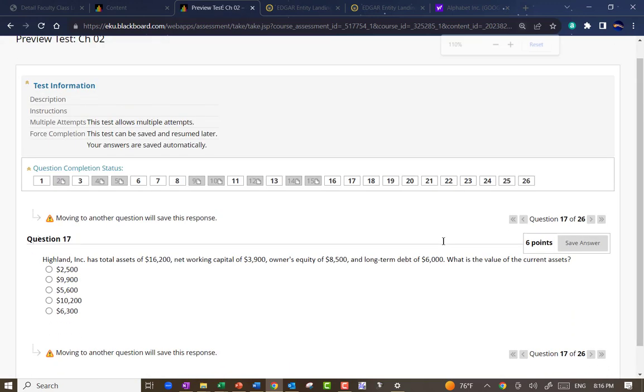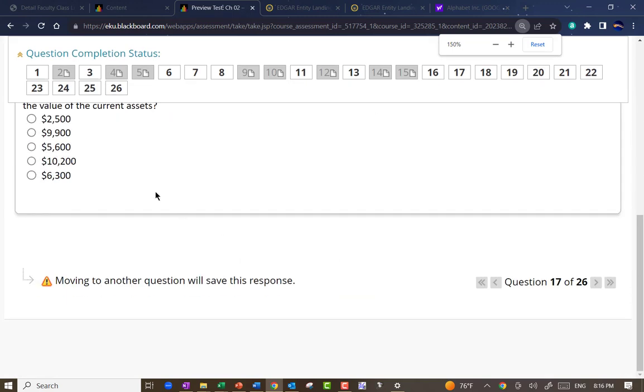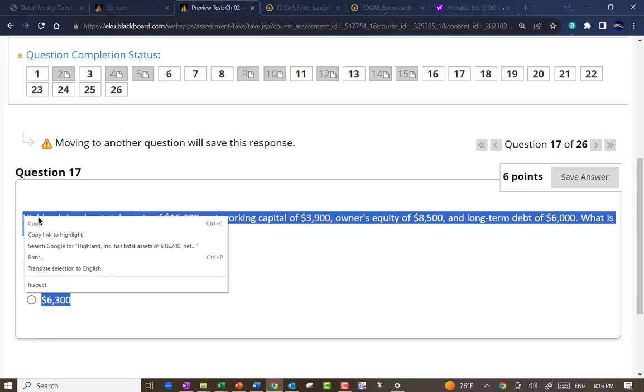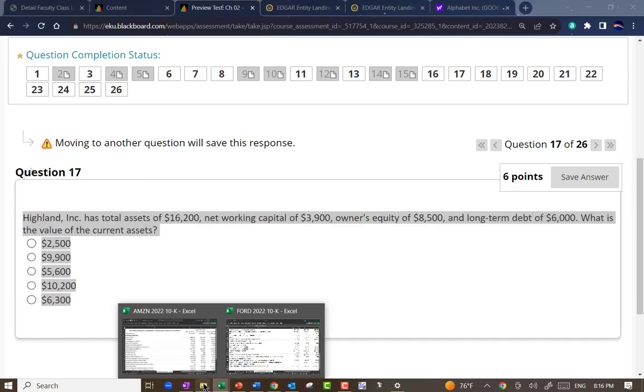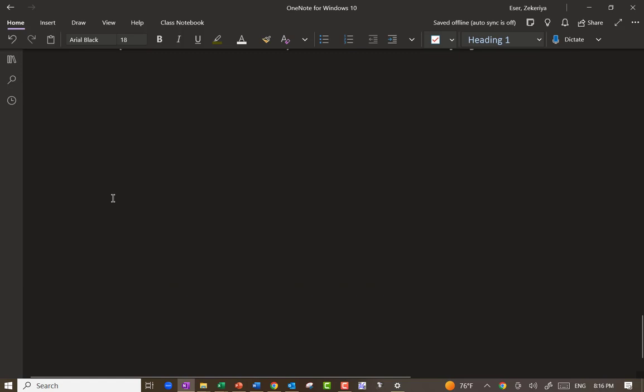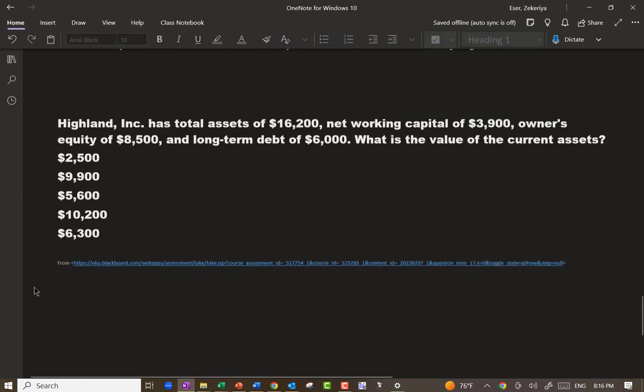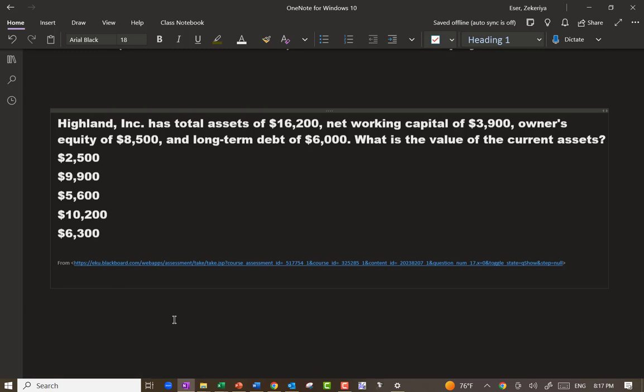All right, now let's do some problems. Now, we're given a lot of information, and we're asked what is the value of current assets. There are two ways to do this. One, algebraic. Let's see.